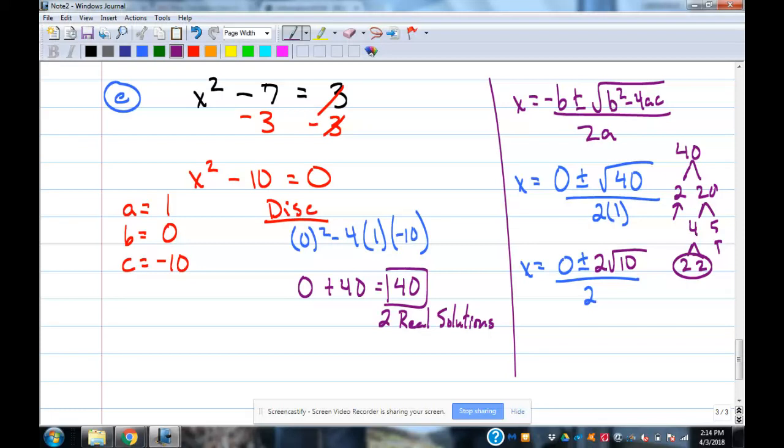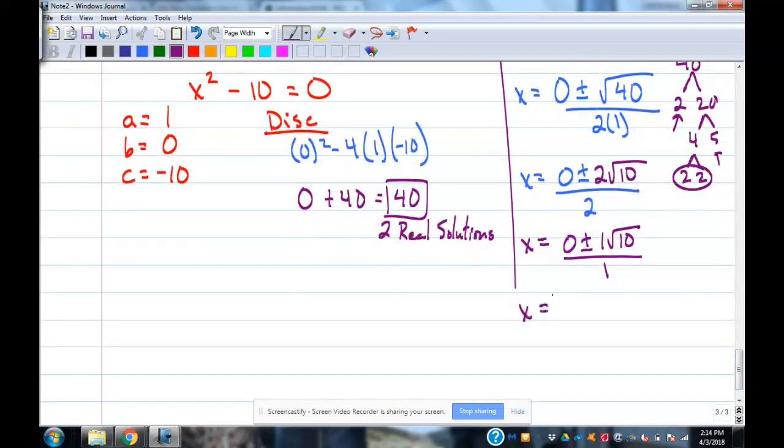So that's going to give us 0 plus or minus 1 square root of 10 over 1. And now we just got to simplify that a little bit further. If I add and subtract 0 to the square root of 10, I get square root of 10 right back.